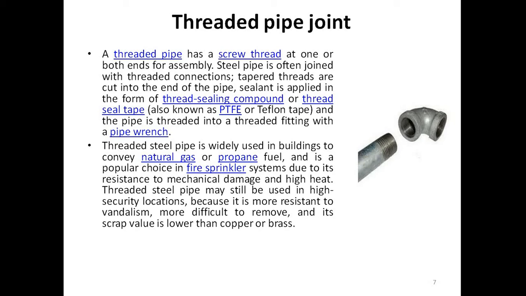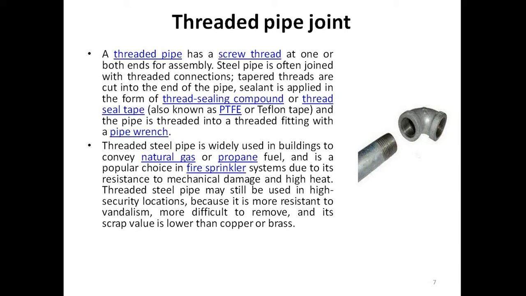Sealant is applied in the form of tape. It is called Teflon tape, used for leakage-free operation. The pipe is fitted in the threaded portion with the help of a pipe wrench.